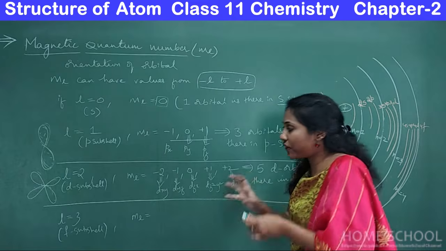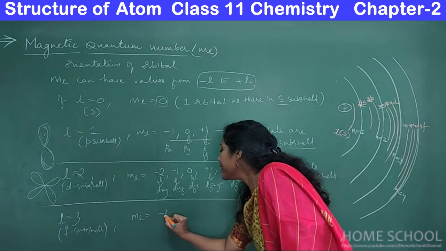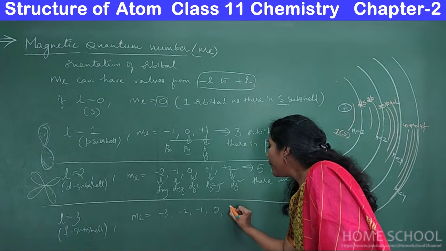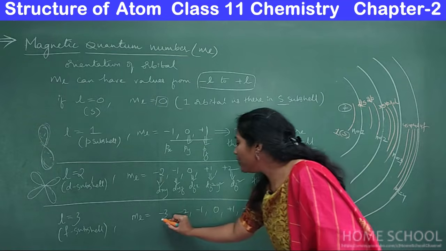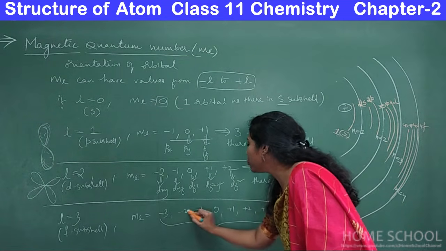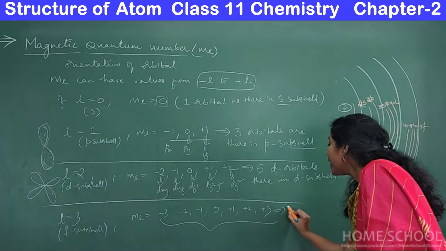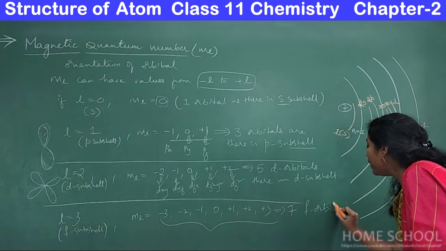All values from minus 3 to plus 3. So minus 3, minus 2, minus 1, 0, plus 1, plus 2, plus 3. So how many values altogether? 1, 2, 3, 4, 5, 6, 7. So altogether 7 f orbitals can be possible.